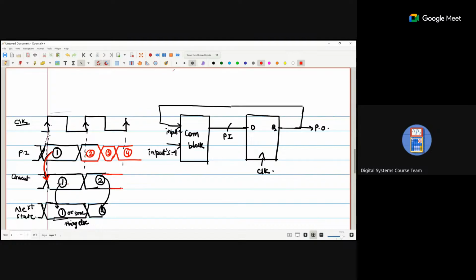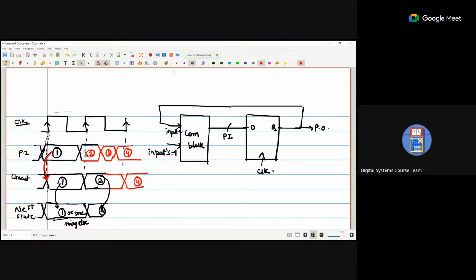Because when input 3 comes, there is no positive edge of the clock, so no change happens even if I change the input. After that, when a positive clock pulse is applied, we are getting clock 4. So my next state is 4, not 3.